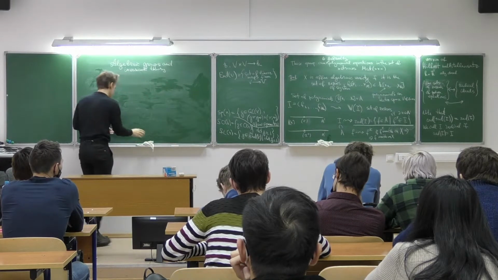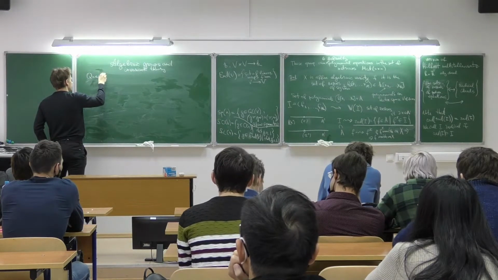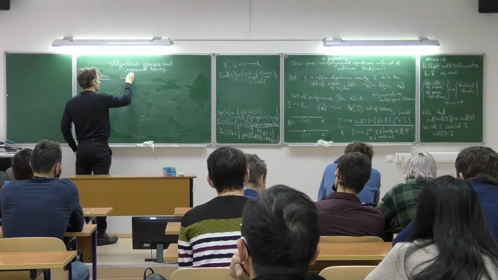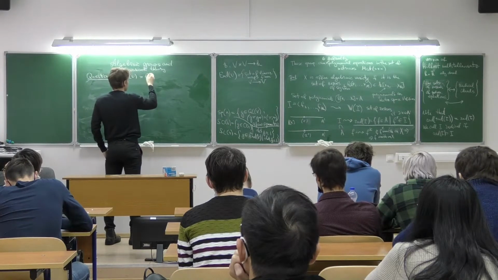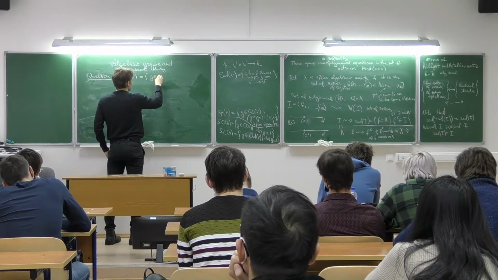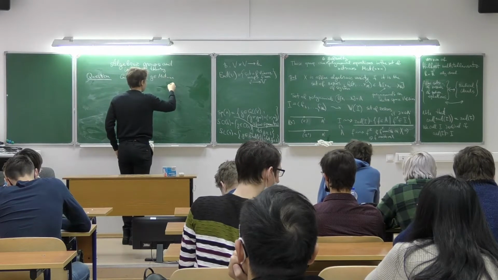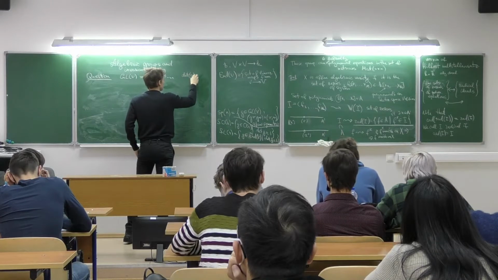So the question about GLN of V, because GLN of V is defined as follows. You consider the set of matrices such that the determinant is not equal to 0.